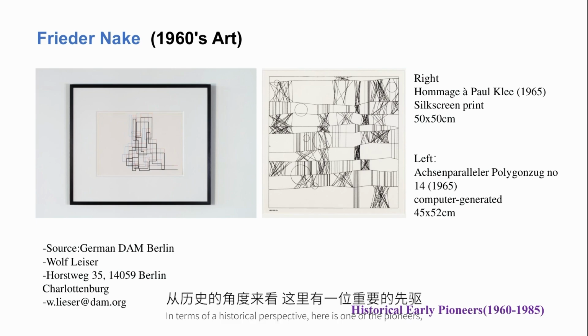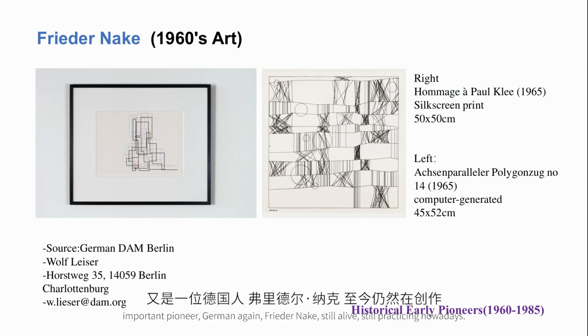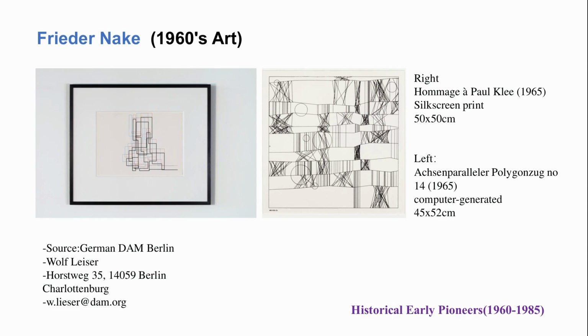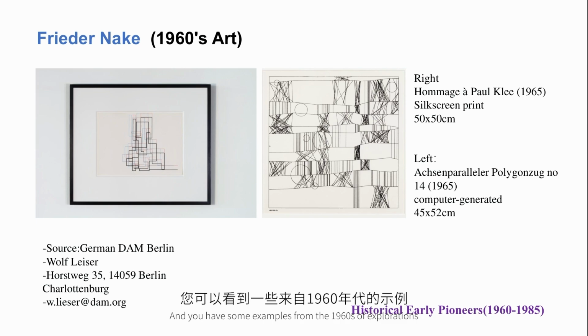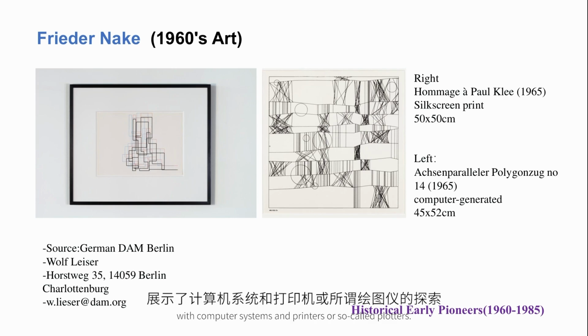So in terms of historical perspective, here's one of the important pioneers, German, again, Friedrich Nake, still alive, still practicing nowadays. And you have some examples from the 1960s now of explorations with computer systems and printers, or so-called plotters.